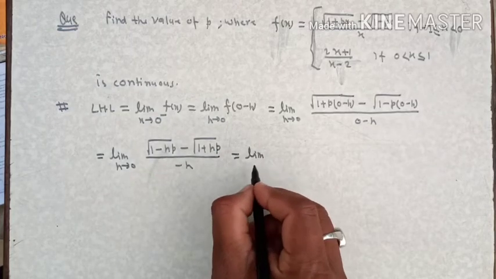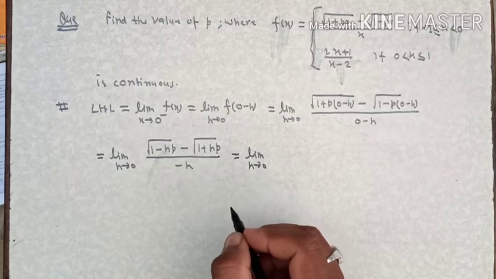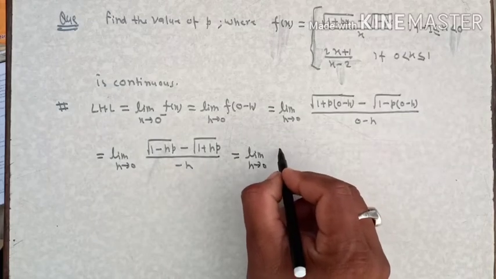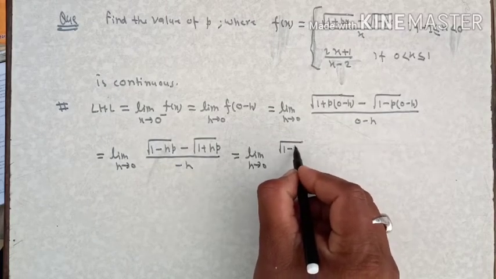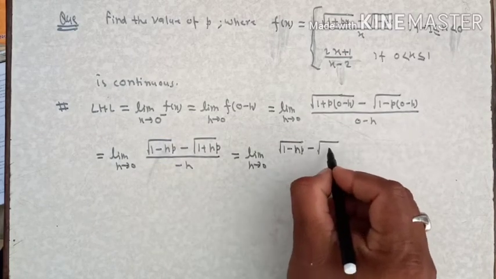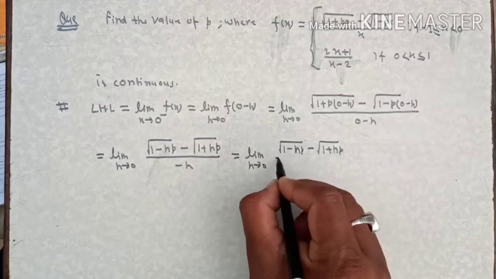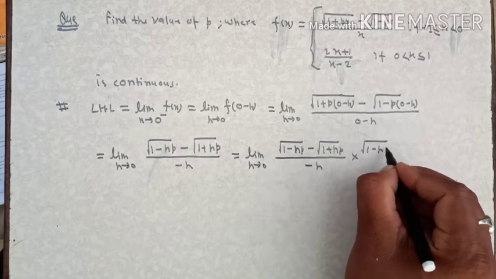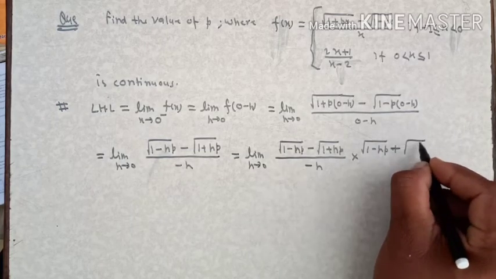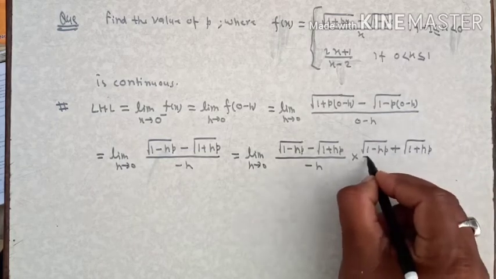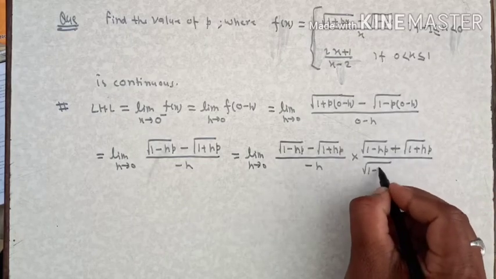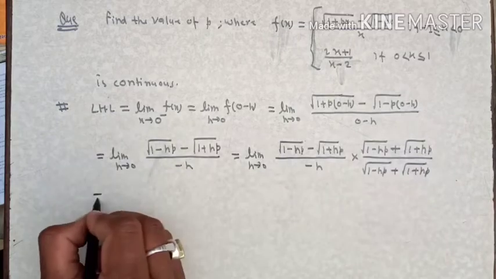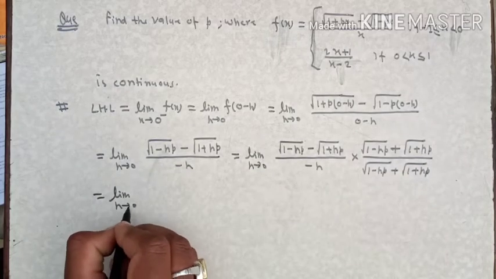Equal to limit as h tends to 0, multiplying by the conjugate of the numerator. So (root of 1 minus hp minus root of 1 plus hp) divided by minus h, into (root of 1 minus hp plus root of 1 plus hp) divided by (root of 1 minus hp plus root of 1 plus hp). We get limit h tends to 0.